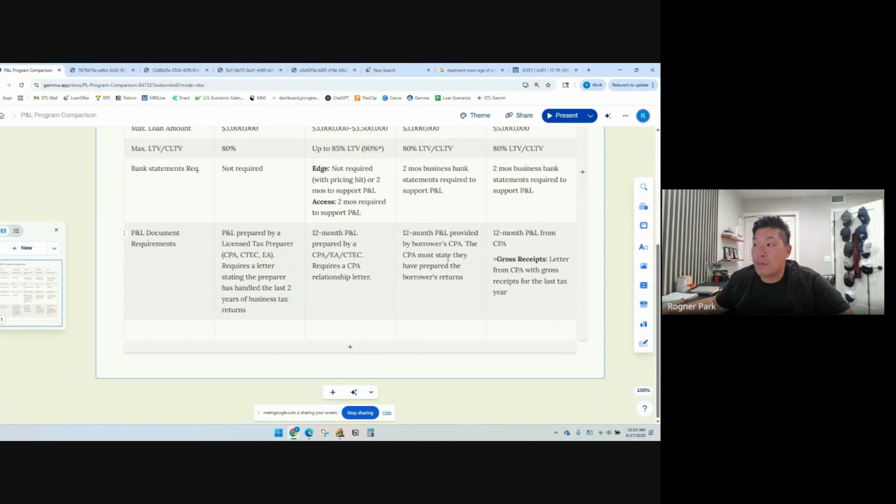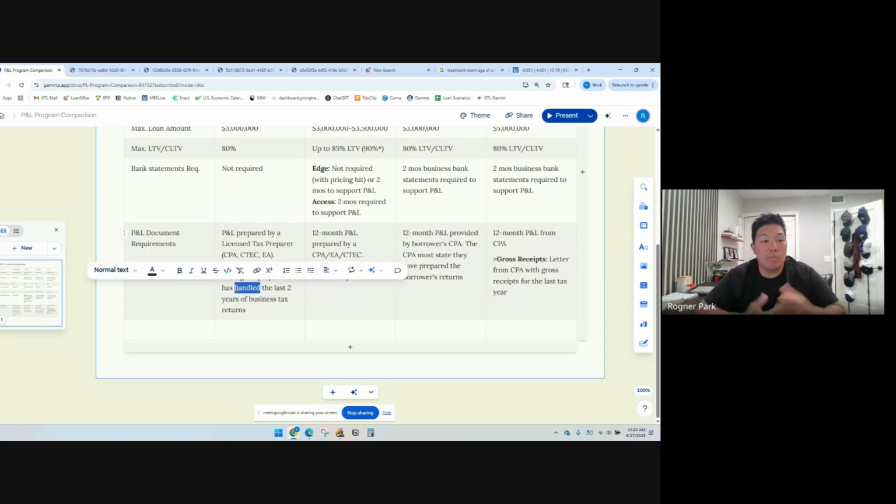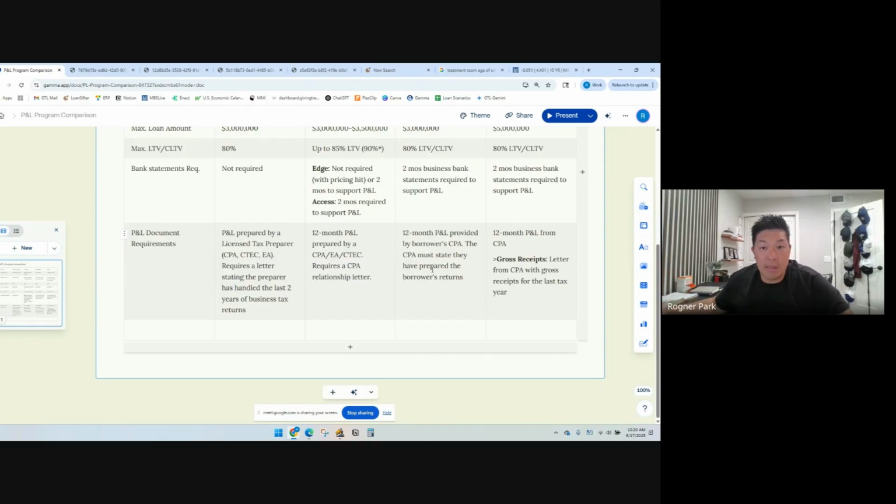Mega Capital says that they prepared the borrower's tax returns. Here they're saying handled. Handled could mean that the CPA saw the borrower-provided tax returns, prior business tax returns, and looked at it, reviewed it. He handled them. Doesn't necessarily mean that they prepared it.